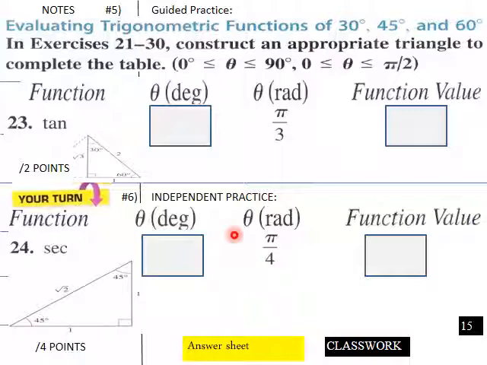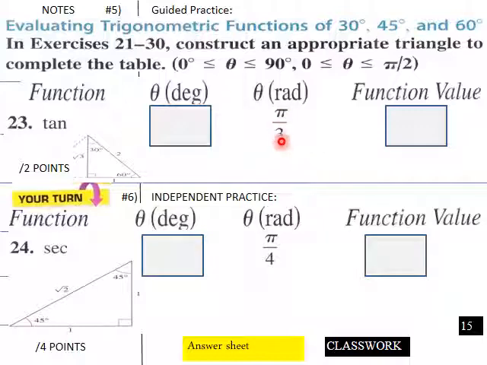Okay, into our guided practice. We need to find our tan now for, and we don't know yet, but it's pi over 3, which is a 60 degree, so we know it's tan 60. So tan 60 here. And then tan is what? It's opposite over adjacent, correct?